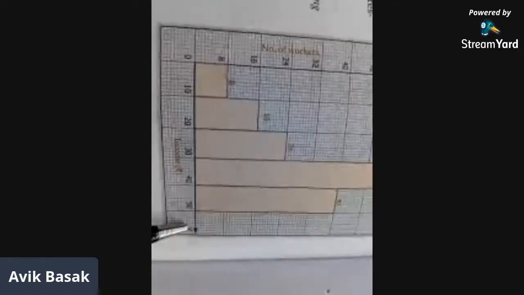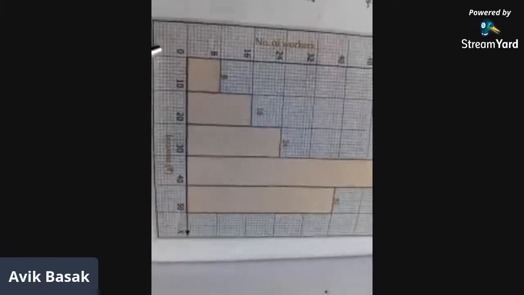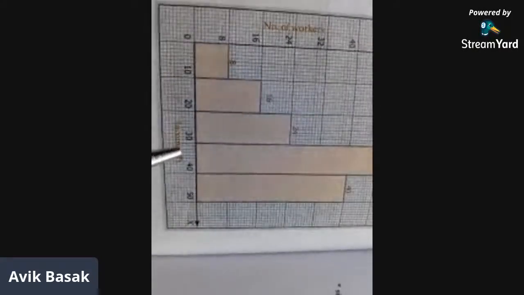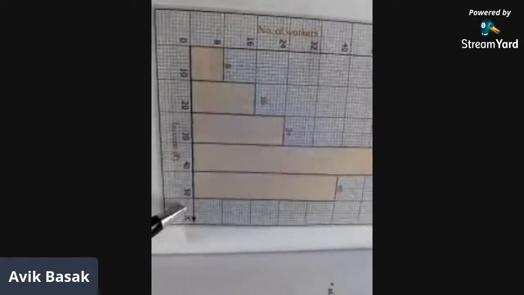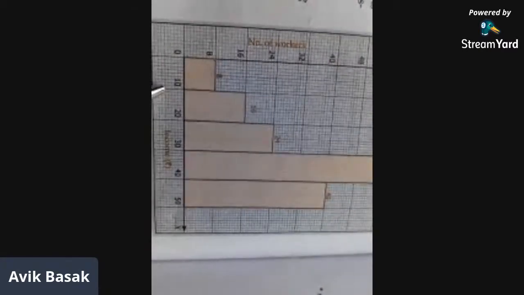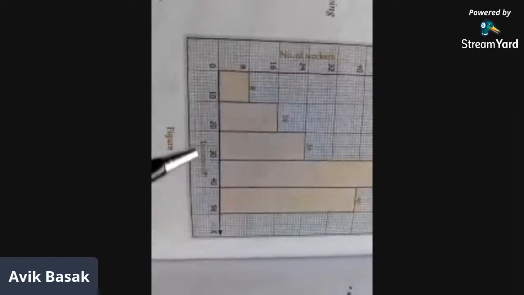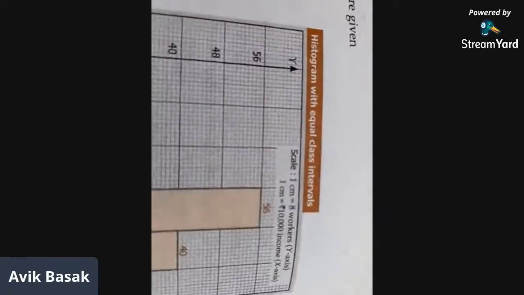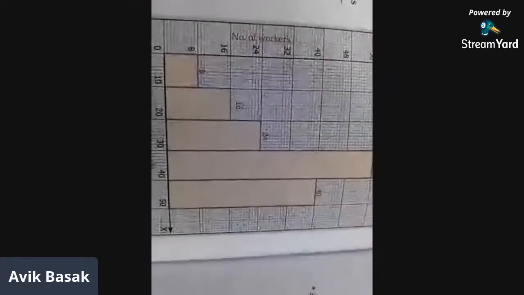So 0, 10,000, 20,000, 30,000, 40,000, 50,000. Always it is not possible to write all these, so they have taken 0, 10, 20, 30, 40, 50, 60, and for every 1 centimeter they have taken 10,000. Okay, no problem. Come to the diagram.